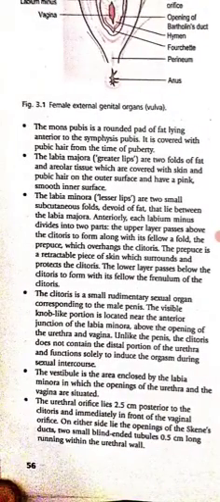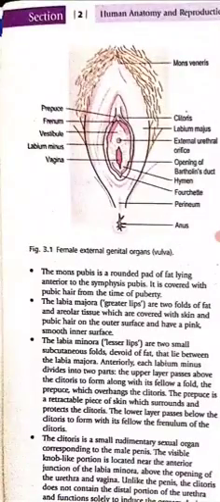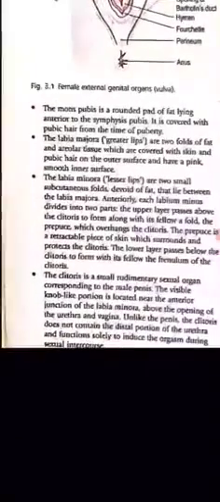It is a rounded pad of fat lying anterior to the symphysis pubis. I told you underneath the mons pubis is the symphysis pubis. It is covered by pubic hair from puberty. So you can see it here, the mons veneris or mons pubis.